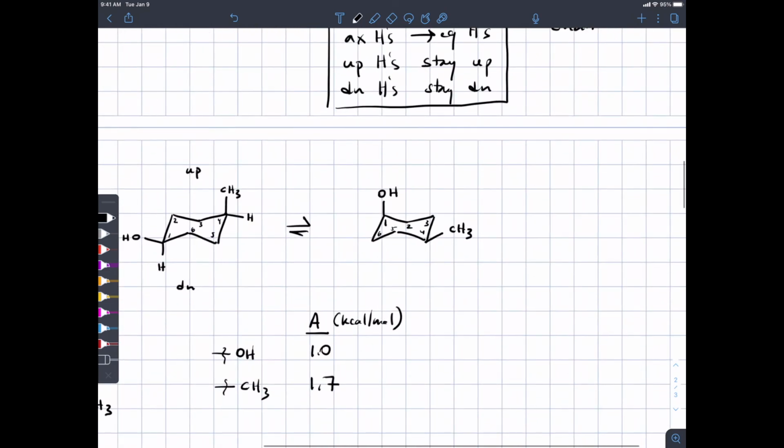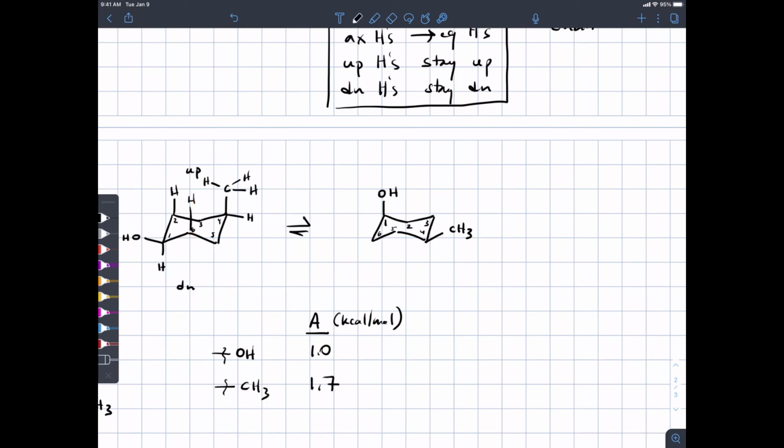That may make some sense because remember what you're trying to avoid in the axial conformation is not only being gauche to the ring, but also these unfavorable 1,3 diaxial interactions. And it doesn't matter how you rotate around this bond between methyl group and carbon 4, you're always going to have a proton that's close to these up axial hydrogens.